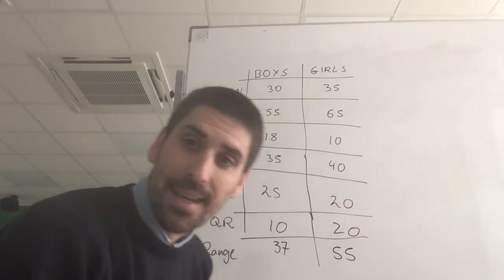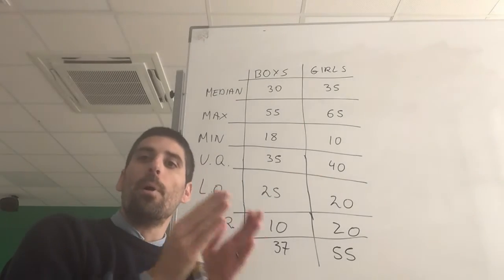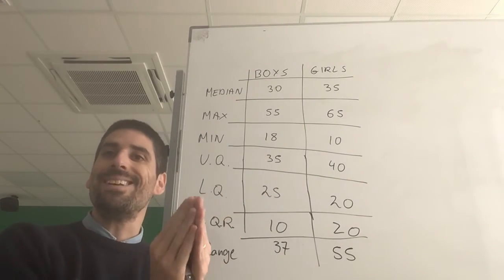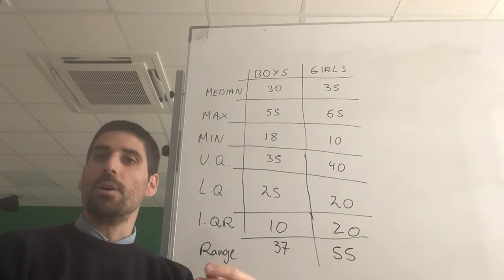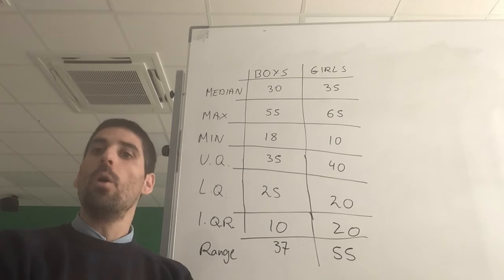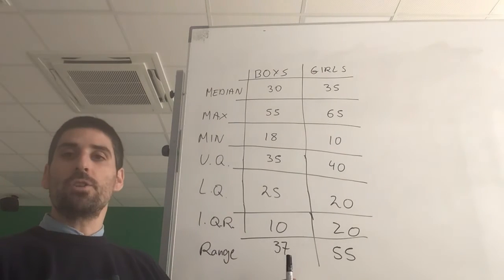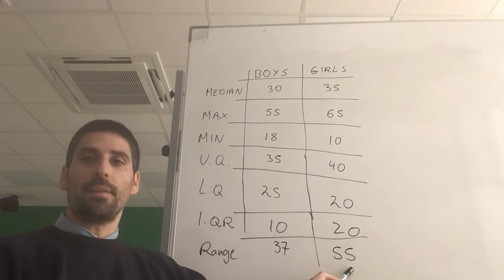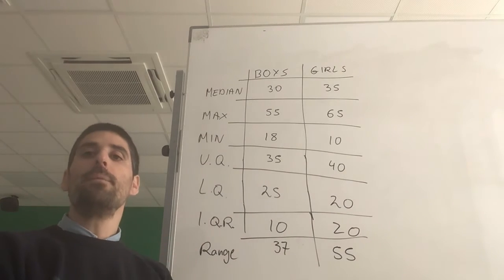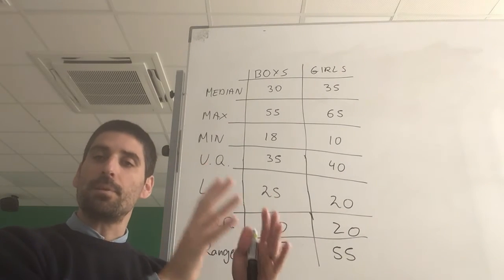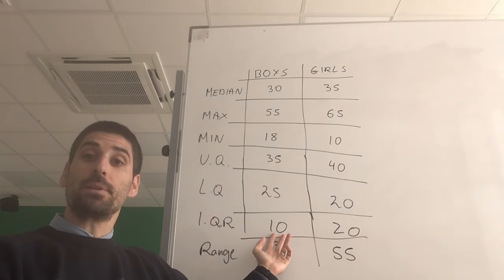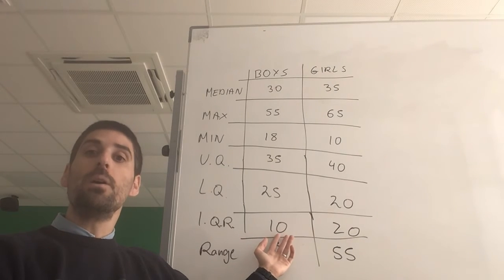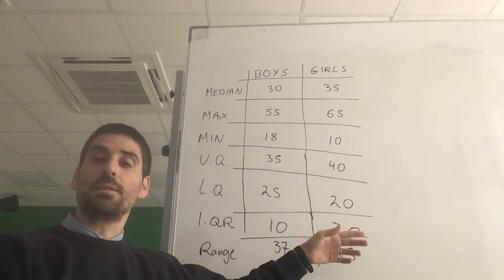So I suppose in this case, both when you look at the range and when you look at the interquartile range, you come to the same conclusion, that the boys were more consistent. Overall, because their range is smaller than the girls', but if we look at the middle 50%, the most representative 50% of the data, the boys were more consistent than the girls as well.